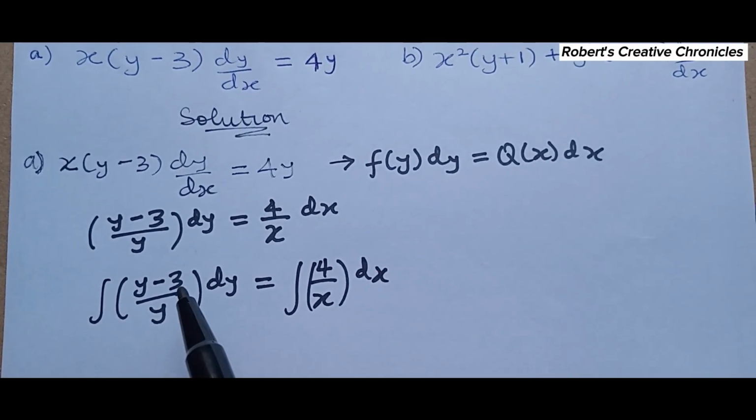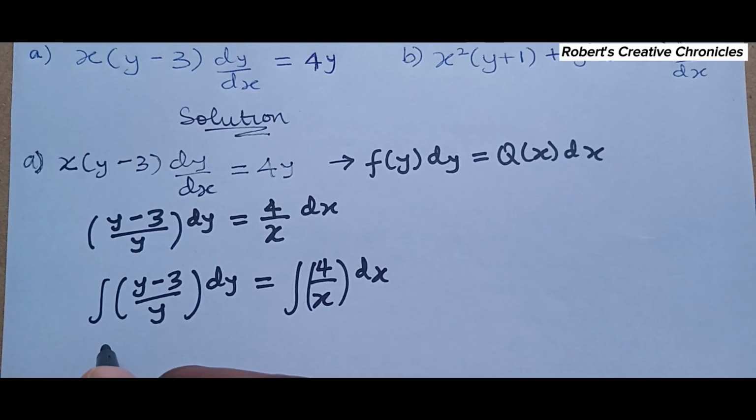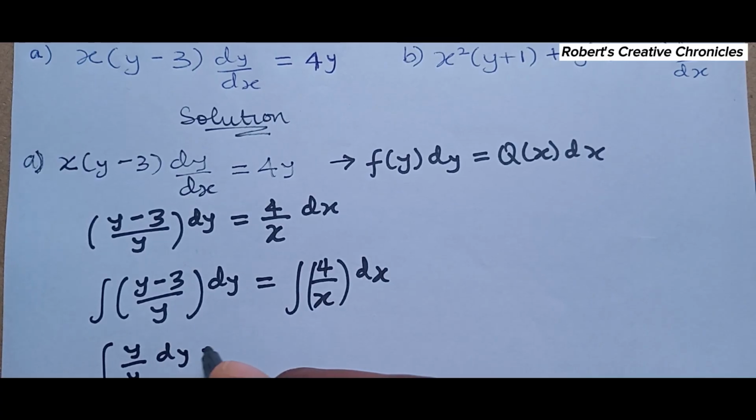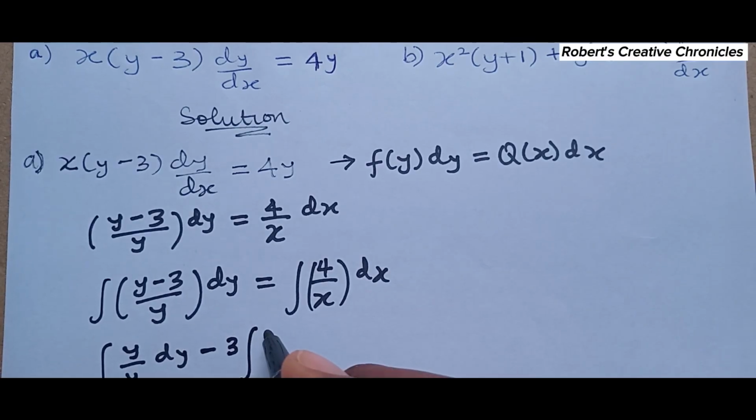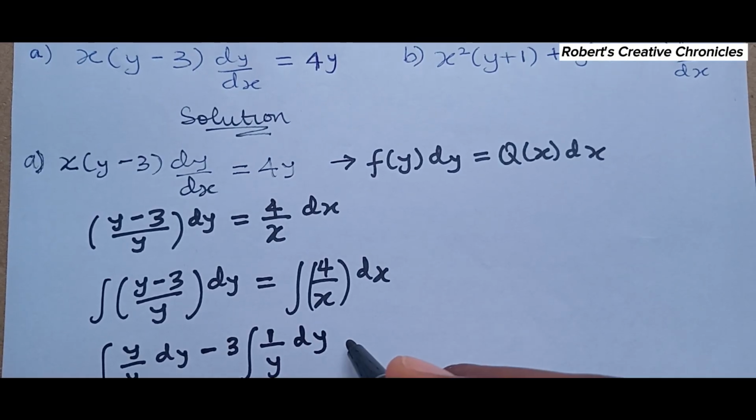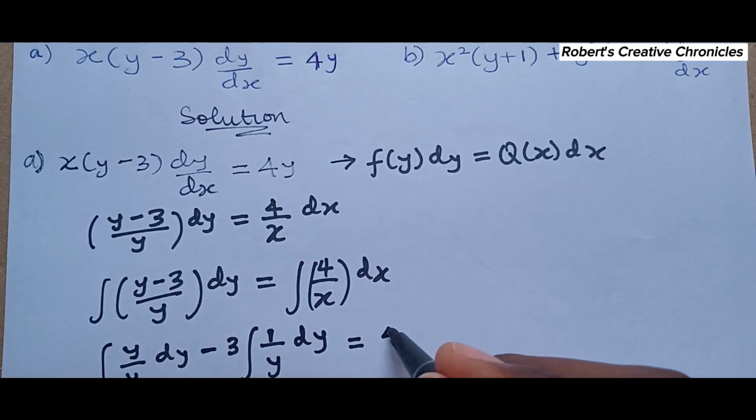Now, to integrate this function, it's hard for you to integrate it as it is, so we have to divide both sides by y so that we will simplify the function. And we'll open the bracket as we do that. It's integral of y over y dy minus 3 integral of 1 over y dy equals 4 integral of 1 over x.